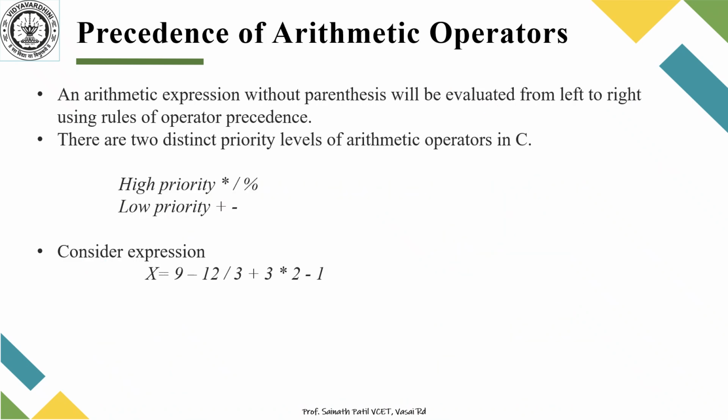Precedence of arithmetic operators. An arithmetic expression without parentheses will be evaluated from left to right using rules of operator precedence. So there are two distinct priority levels of arithmetic operators in C: high priority and low priority. High priority operators are multiplication, division, and modulo, that is asterisk, slash, and modulo.